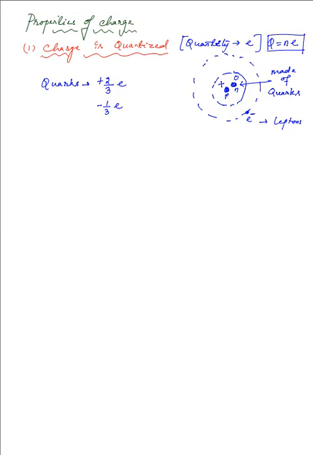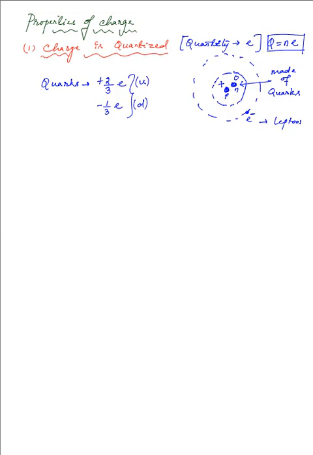But here what I am saying is that quarks have a charge of plus 2 over 3e or even minus 1 over 3e. We need not go into detail of what kind of quarks, but there are plenty of quarks. We are just concerned about the up quark and the down quark, which make up the protons and the neutrons.